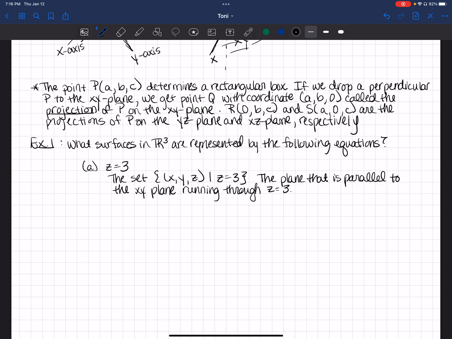Okay? So pretty much what you're doing, here's Z, there goes X, there goes Y. Okay, this is Z. I go up to 3. All right, and so you're making this plane that runs through here.